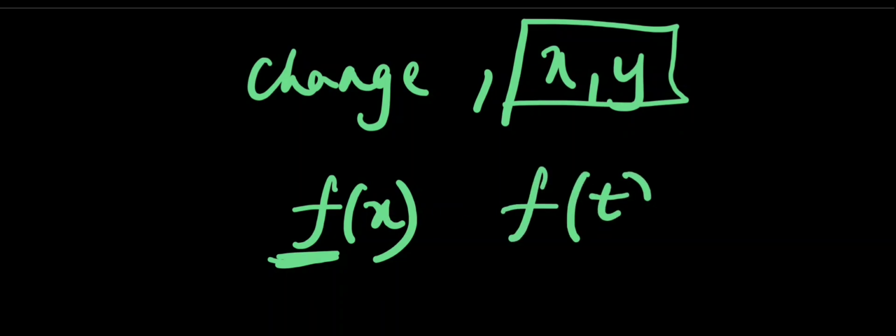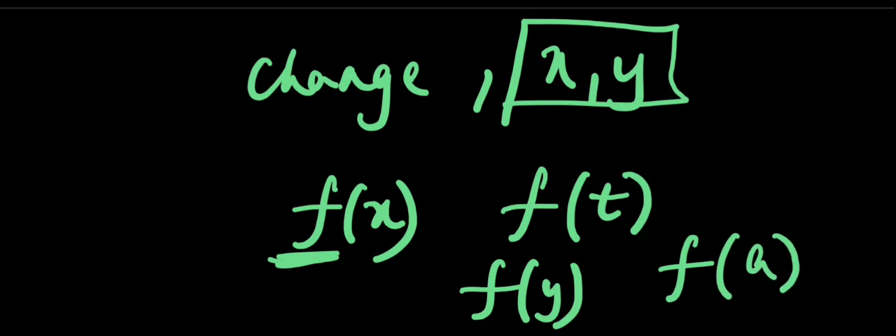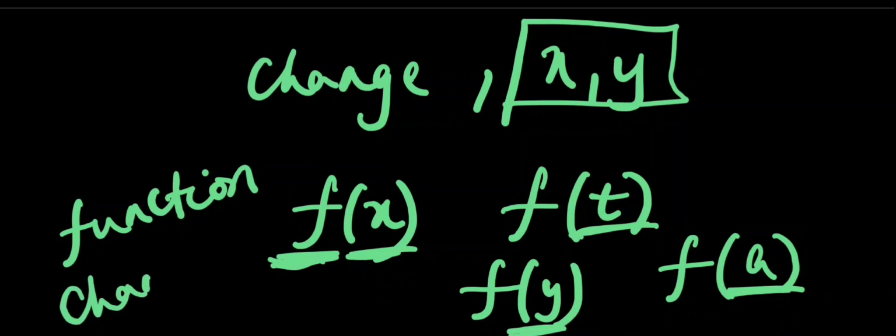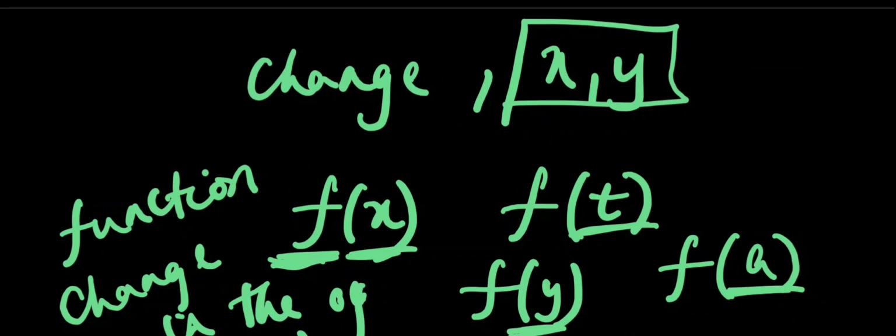So this could be a function of t, a function of y, a function of a. So all of this means a change happening in x, t, y, and a. So when you see a function sign, that means a change in the original value.